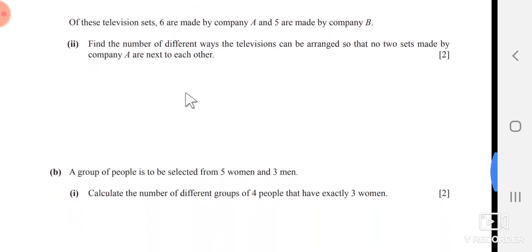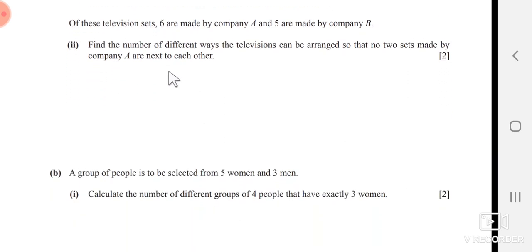Now for the next question, he is saying of these television sets, 6 are made by company A, 5 are made by company B. Find the number of different ways the televisions can be arranged so that no two sets made by company A are next to each other.